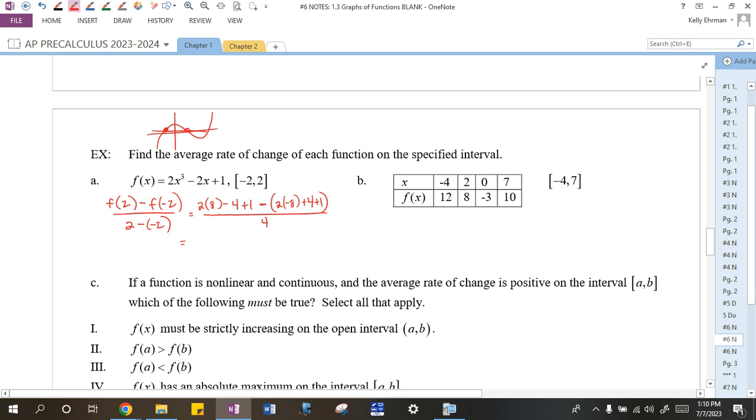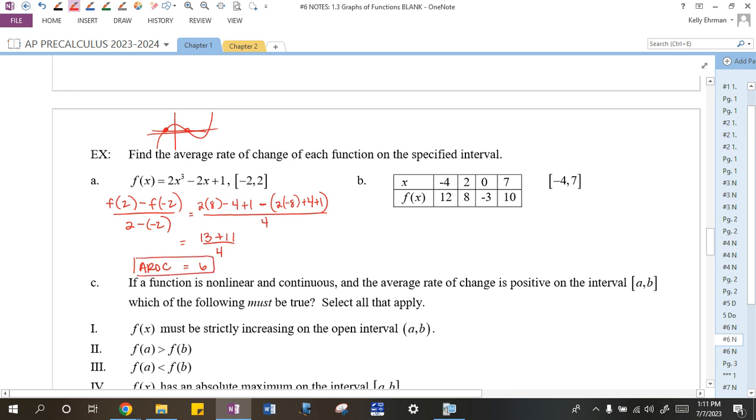Let's just come up with that math, right? 16 minus 4 is 12. 12 plus 1 is 13. And then in here we get -16 plus 4 is -12 plus 1 is -11, minus -11. So the average rate of change is 24 over 4, so 6.